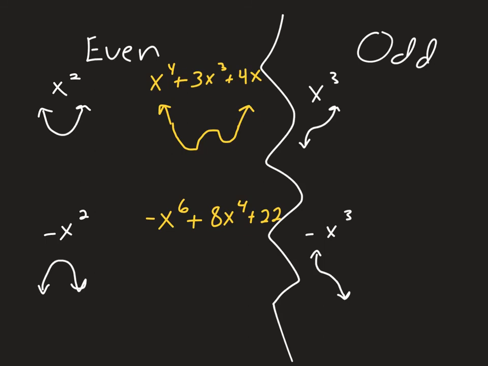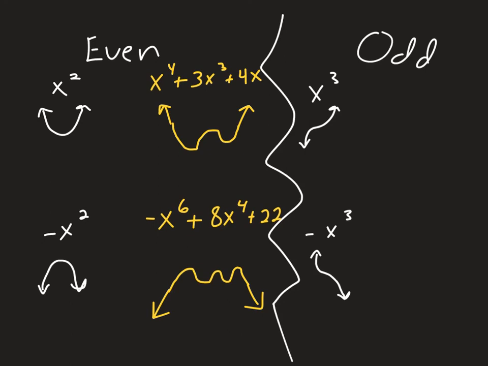So I know if it's negative and even, it goes down to the left and down to the right. And just a look into the future, the higher the degree is, the more bumps it's going to have. But the end behavior is all we're concerned about for right now.